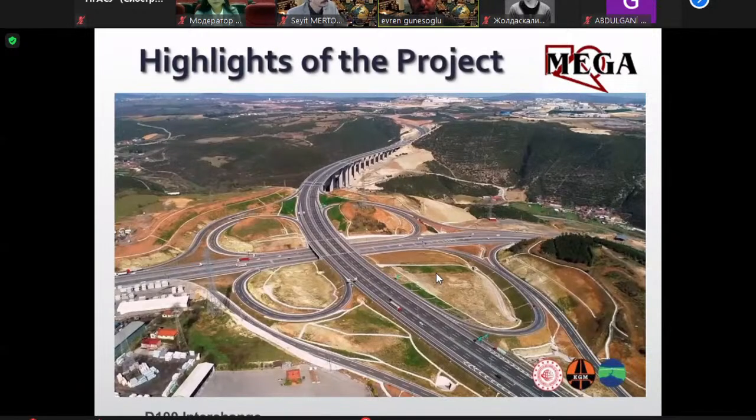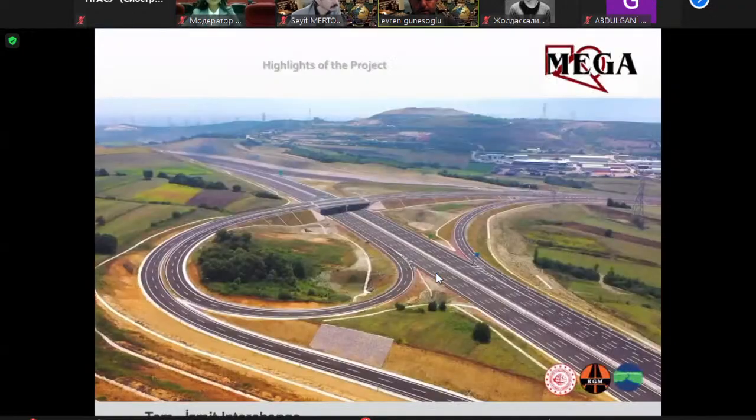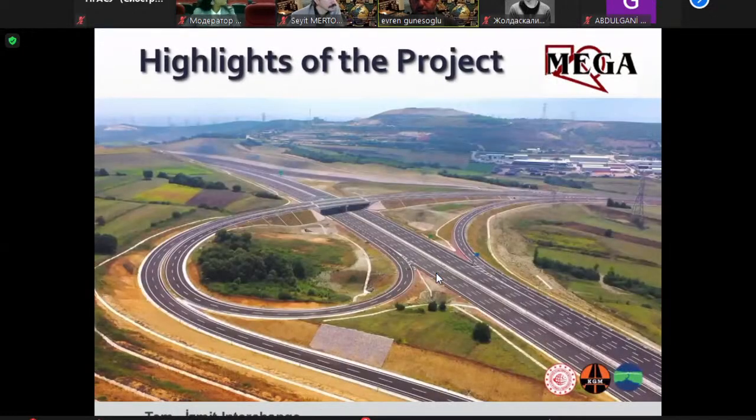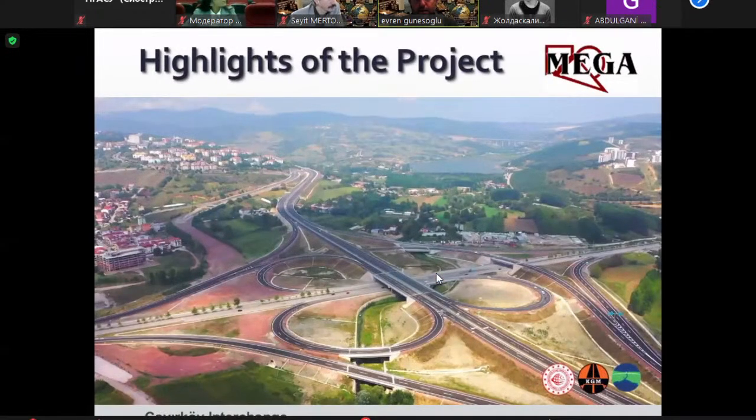It connects the North Marmara project to the national road, D100. This is another interchange, the Trumpet one, Tem-İzmit interchange. And this is located near Izmit city, and its name is Çayırköy interchange.